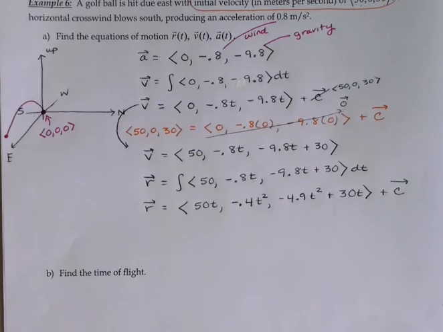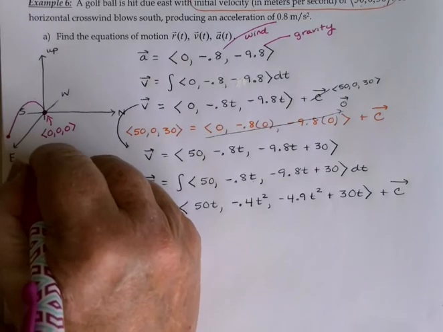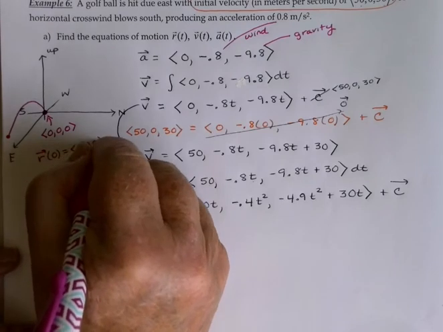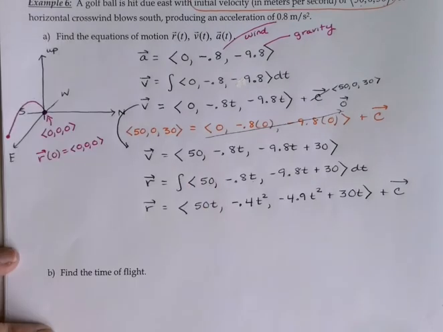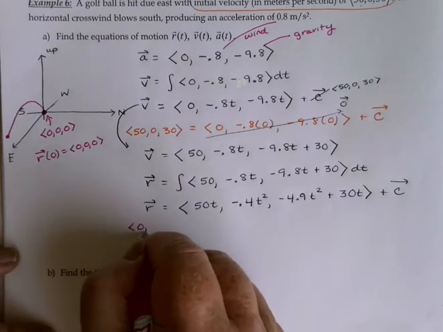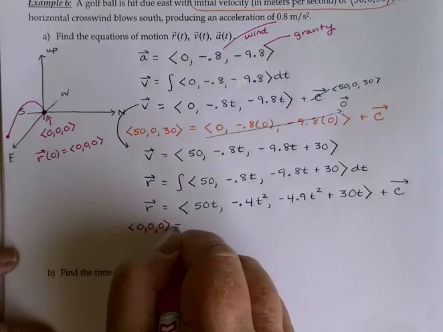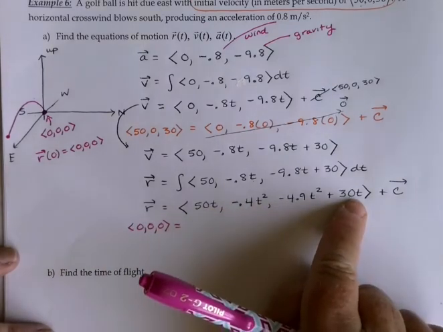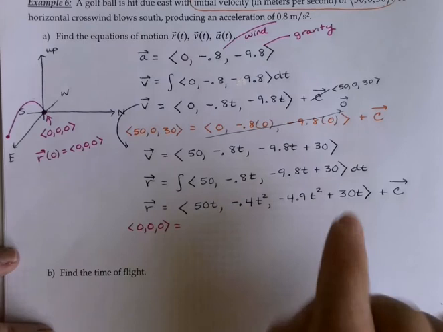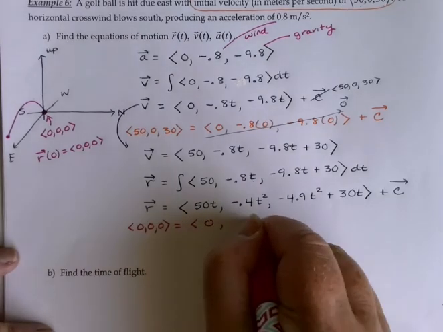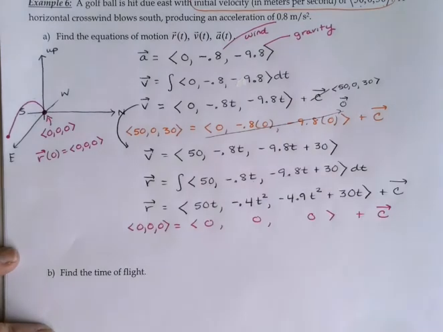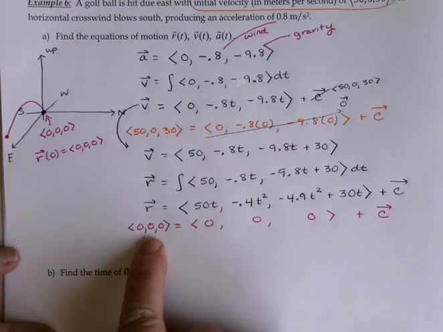And so I know that r of 0 is 0, 0, 0, meaning that I have to get 0, 0, 0 when I plug in t equals 0. But notice that when I plug in t equals 0, every single one of these terms is going to become 0, 0, 0, which says that c is 0, 0, 0.